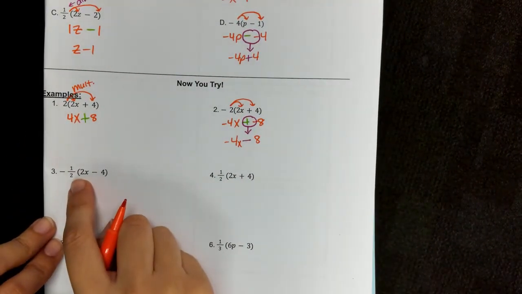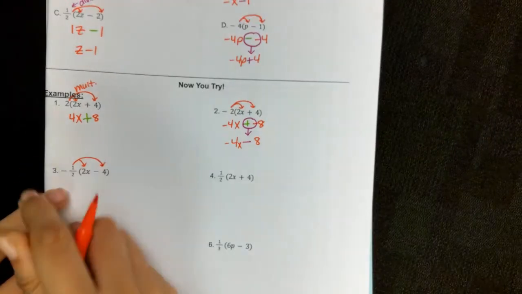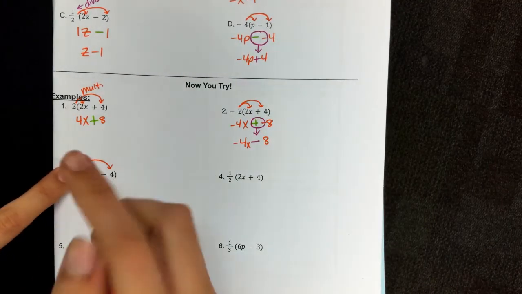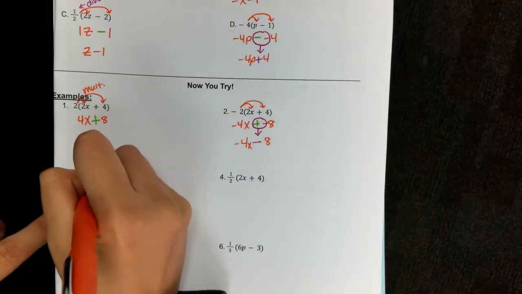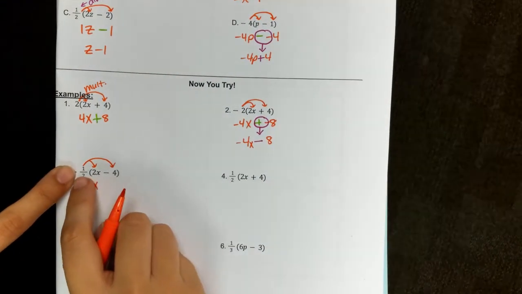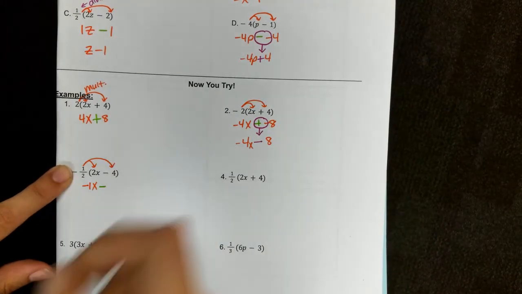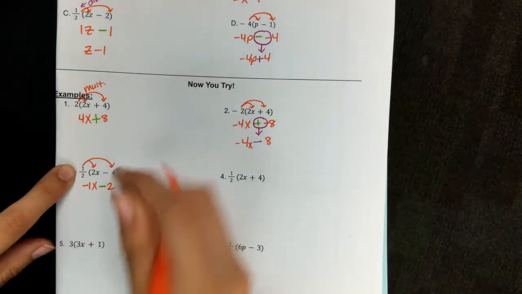This one means divide. So we're going to take half. But be careful, it's not just half, it's negative half. So first I'm just going to take half. Half of 2 is 1. And I know negative times positive is negative. I have a minus in the middle. Half of 4 is 2.